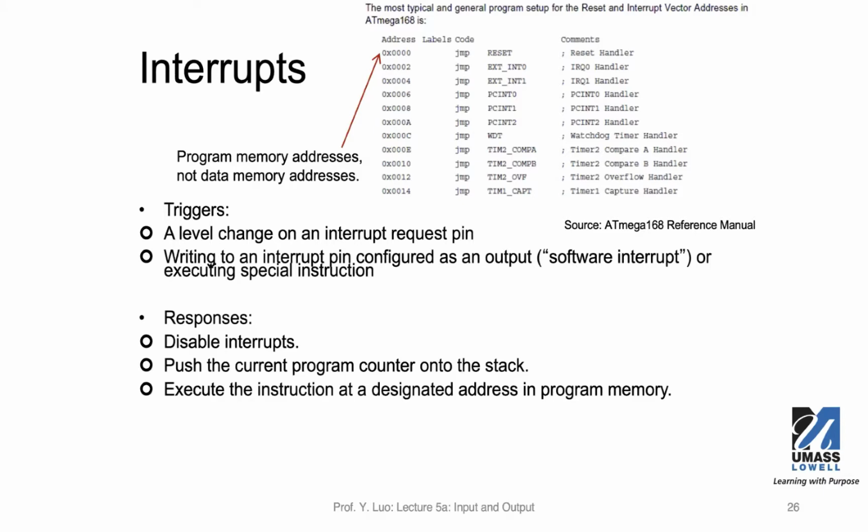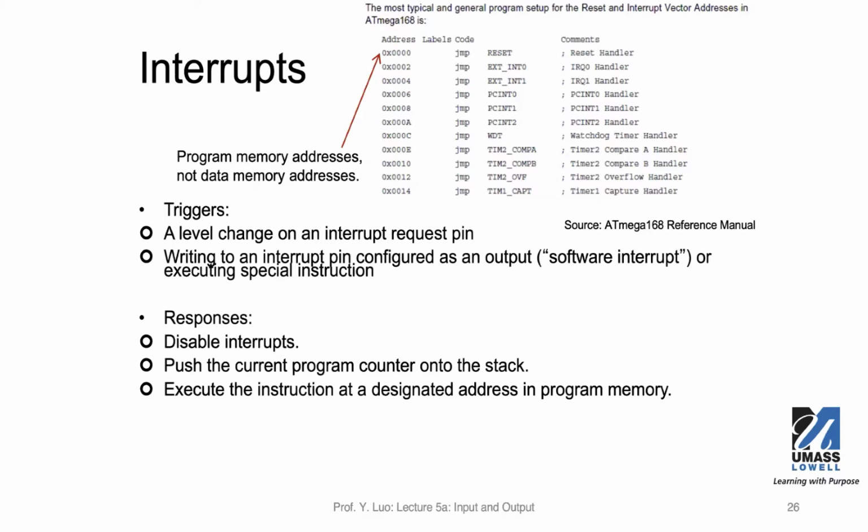The response from the microprocessor will be disabling the interrupt so the ISR can be entered safely. It will push the current program counter onto the stack. This is important. The current program counter really points to the next instruction in the main program.